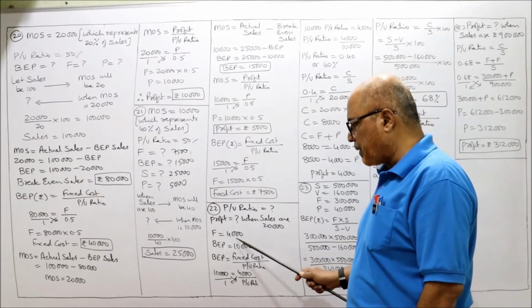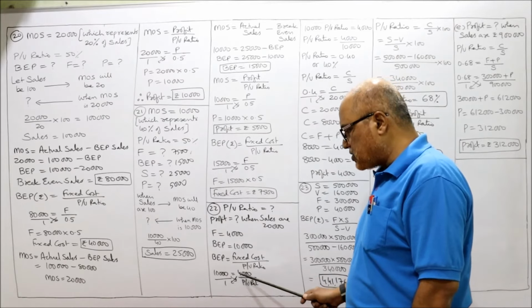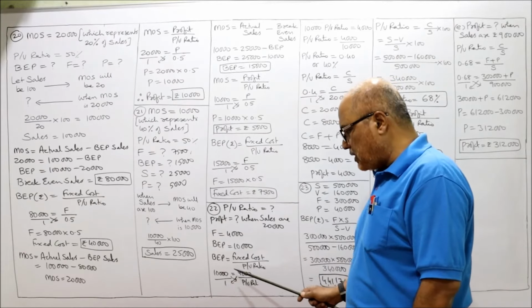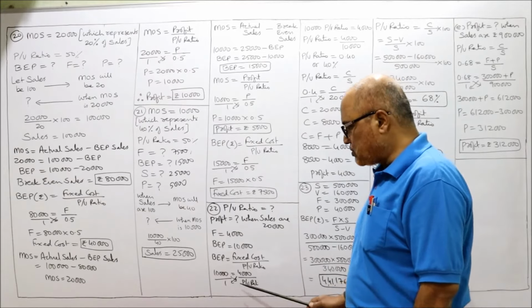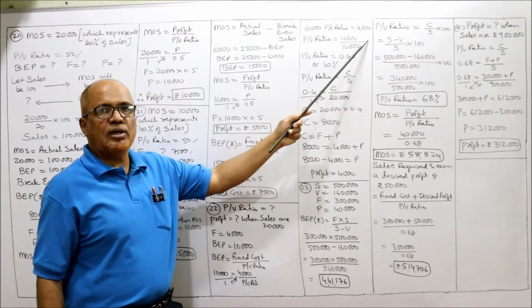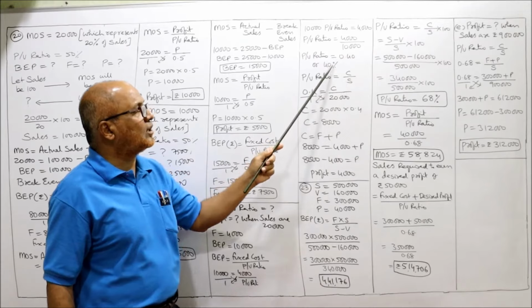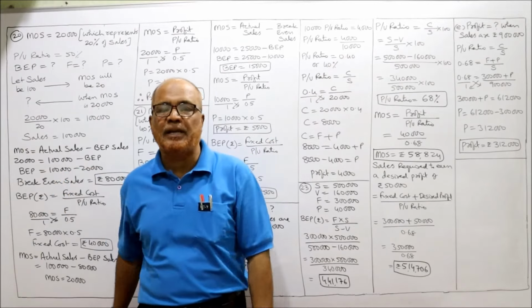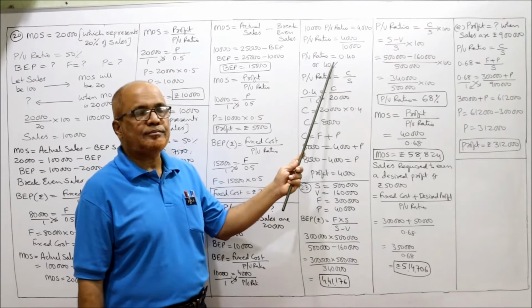Fixed cost is given in the problem, 4,000, divided by PV ratio, which we don't have. Now cross multiply. So 10,000 into PV ratio is equal to 4,000. So PV ratio is equal to 4,000 by 10,000, 40%. One answer we have completed: the PV ratio is 40%, 0.4.